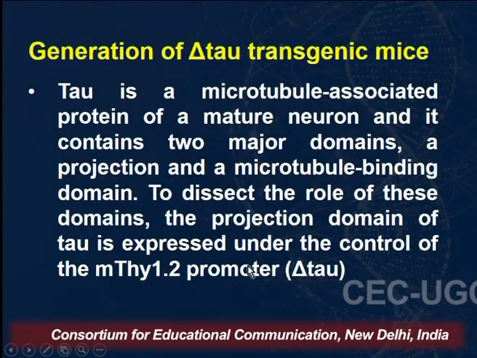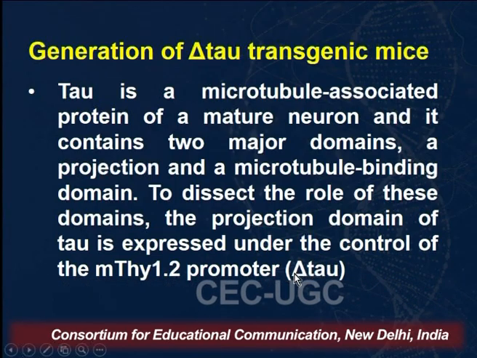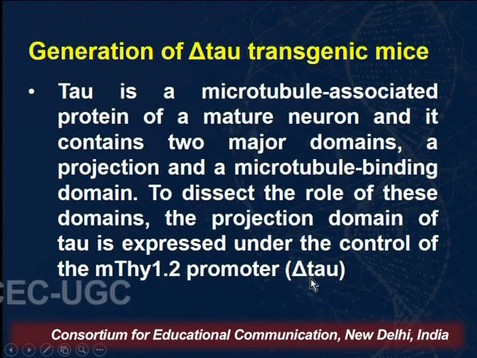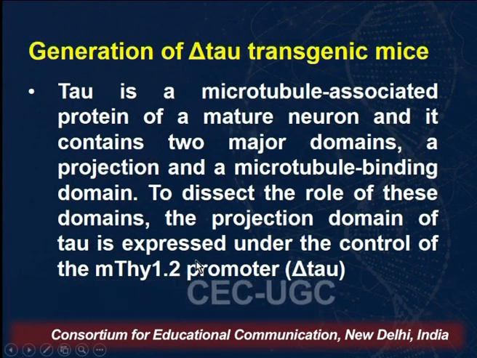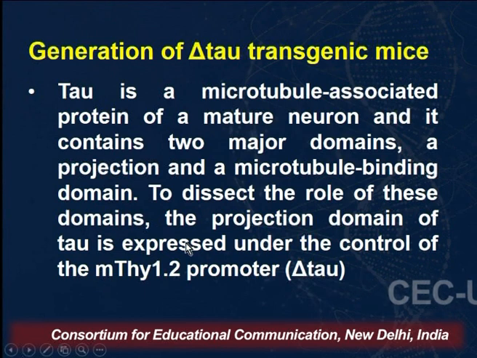To dissect the role of these domains, the projection domain is expressed under the control of a promoter, for example the mThy1.2 promoter, and this has been represented as delta tau. Delta tau basically means that it contains only one of the domains, and it is cloned under the action of this particular promoter.